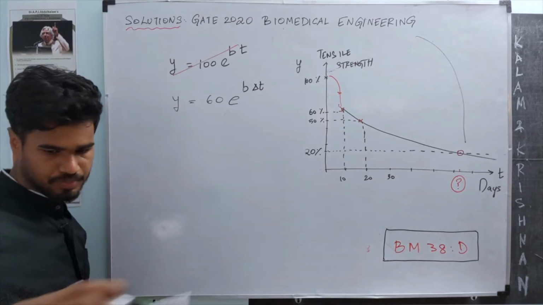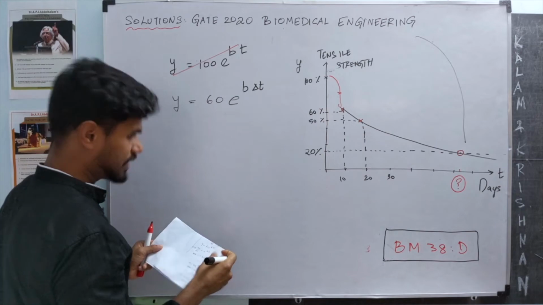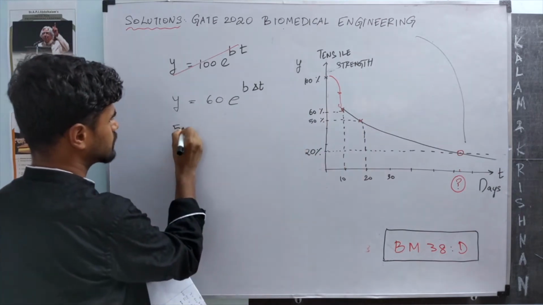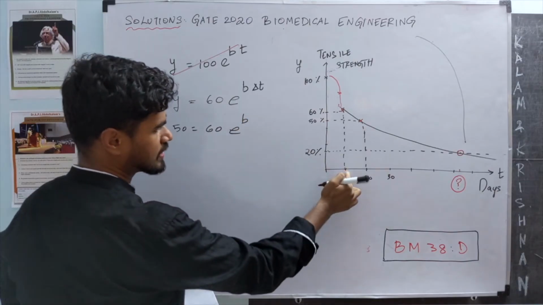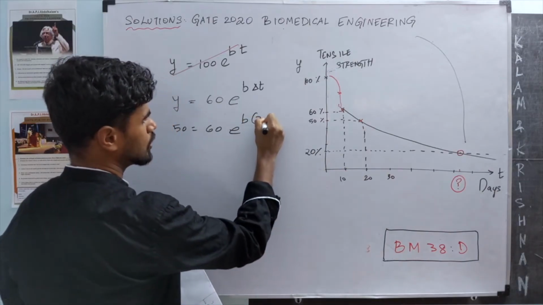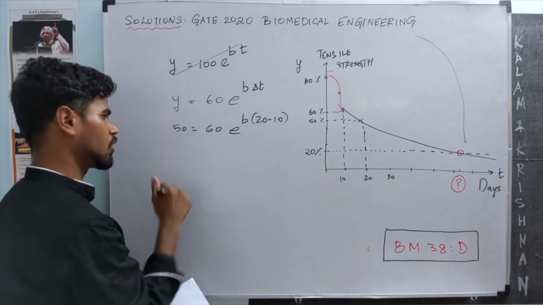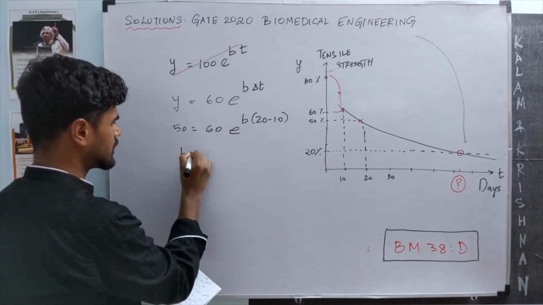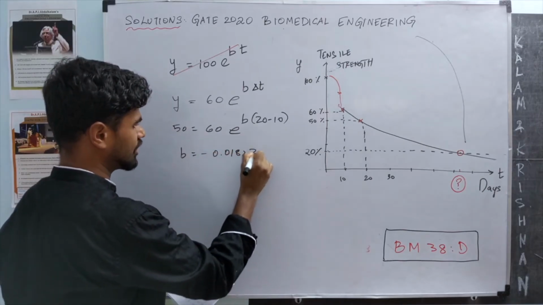So, when is y 50? Y is 50 when e power b times delta t, with delta t from 10 to 20, which is 20 minus 10, which is 10, right? Now try to solve for b by taking ln on both sides. We get b's value to be minus 0.01823.